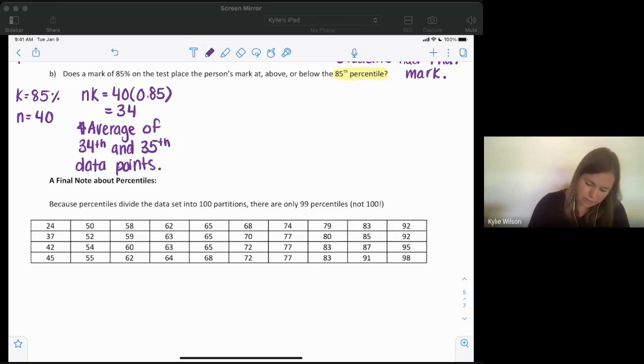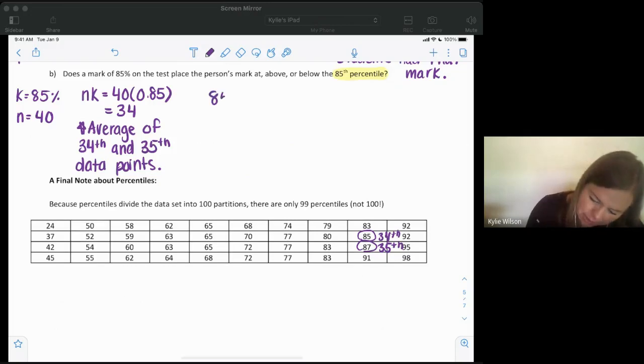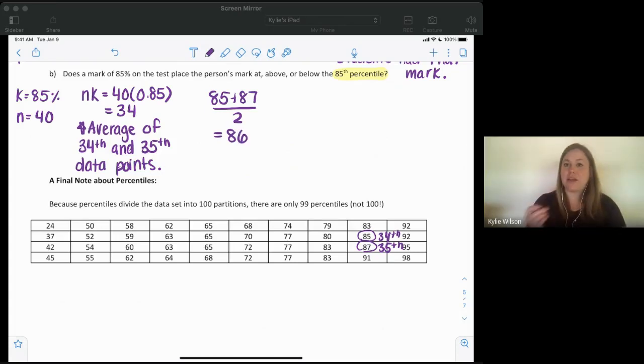So let's figure out which data points are the 34th and the 35th. So we have 4, 8, 12, 16, 20, 24, 28, 32, 34, and 35. There we go. So we need to take the average of that. 85 plus 87 divided by 2 would be 86. So the 85th percentile is sitting at 86.